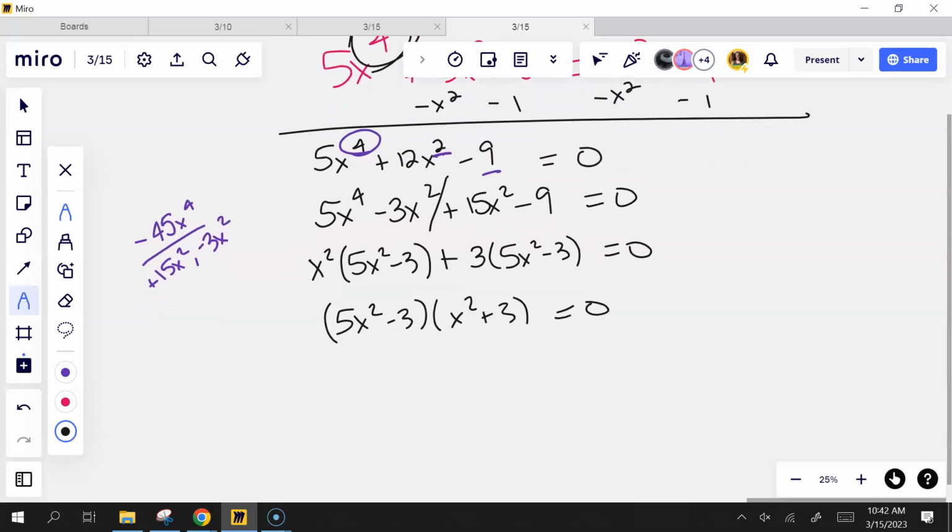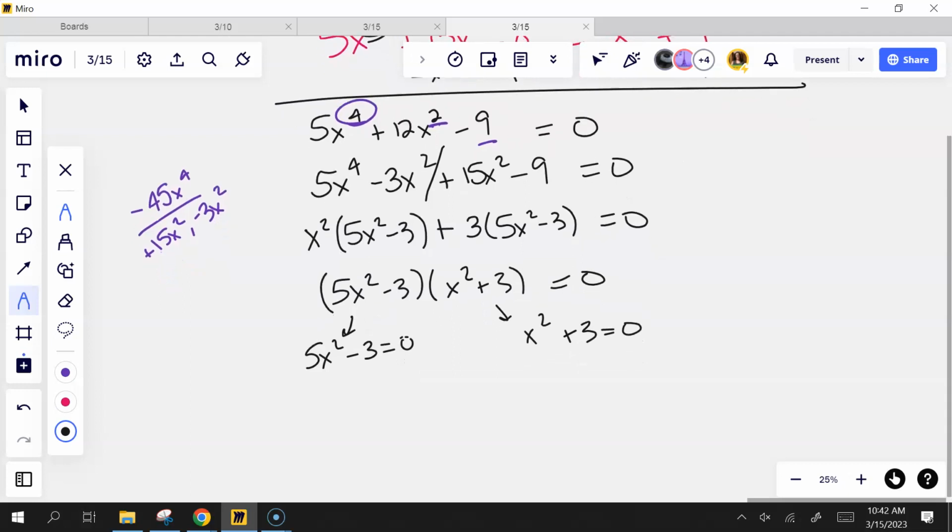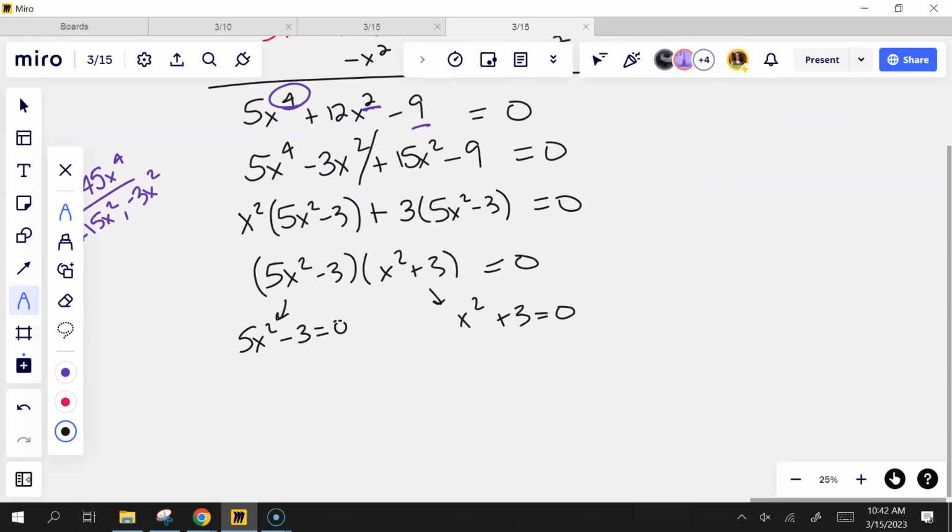Of course. 5x squared minus 3 equals 0, and x squared plus 3 equals 0. I'm going to add 3 to both sides on this first one.